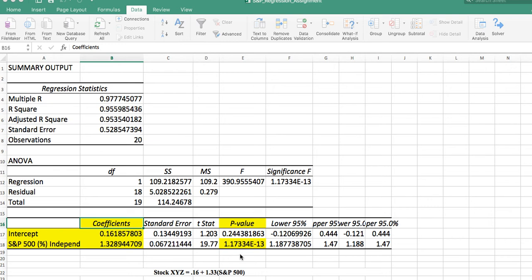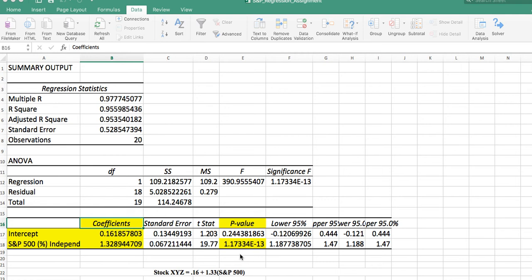Think of it from this standpoint. If we go back to hypothesis testing, the null hypothesis would be that there is no slope, no relationship between the S&P 500 and stock XYZ. The alternative hypothesis would be yes, there is a slope, or yes, there is a relationship between the S&P 500 and my stock XYZ.